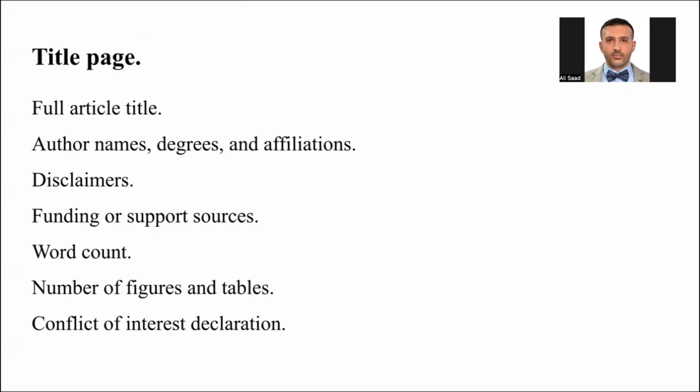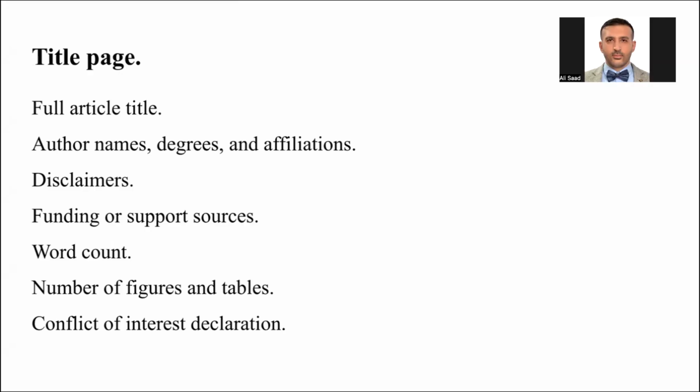So the title page is your professional ID card. The editors will check it before reading your abstract. Make sure affiliations, funding, and conflicts are bulletproof. You can generate the full article title.